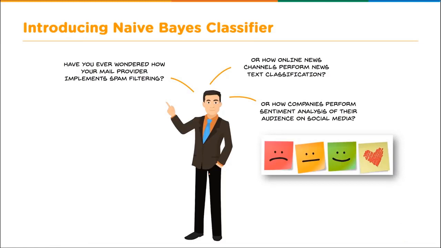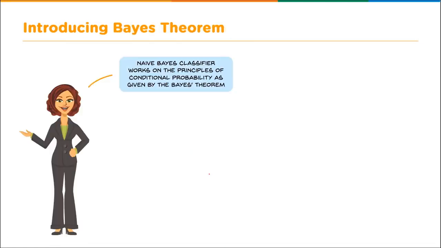By reading or viewing that content, they can give feedback. They give the sentiment in terms of a smiley symbol or a grumpy symbol. Based on the symbol, the social media organization tries to analyze the mood of the particular reader. So again, this is a place where the Naive Bayes classifier plays a major role.